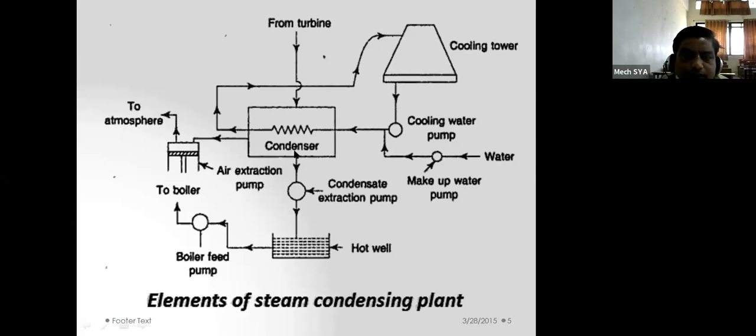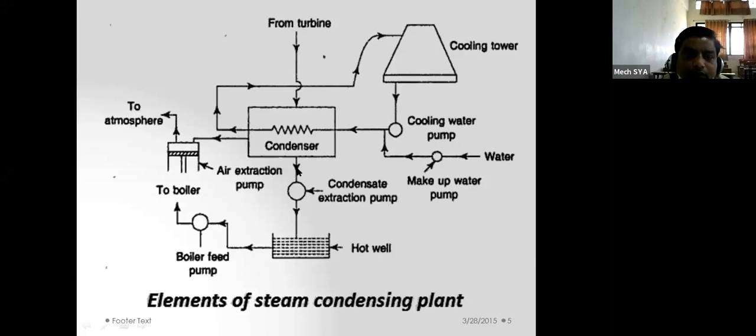And then the condensate: as the pressure inside the condenser is vacuum, less than atmospheric pressure, the condensate will not come directly to the hot well, therefore we are using condensate extraction pumps. Afterwards we learned that for some condensers, such as the high level jet condenser, the condensate extraction pump is not required. The hot well is where we store the condensate, and it is reused as feed water to the boiler.